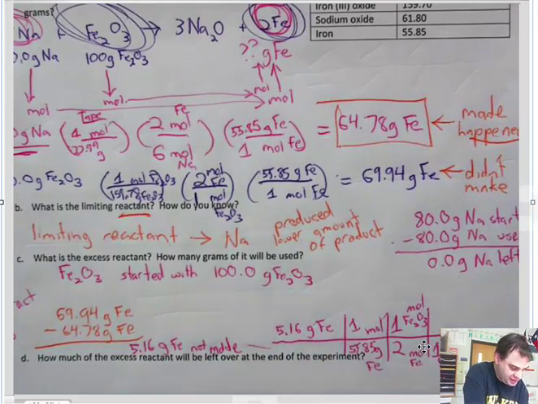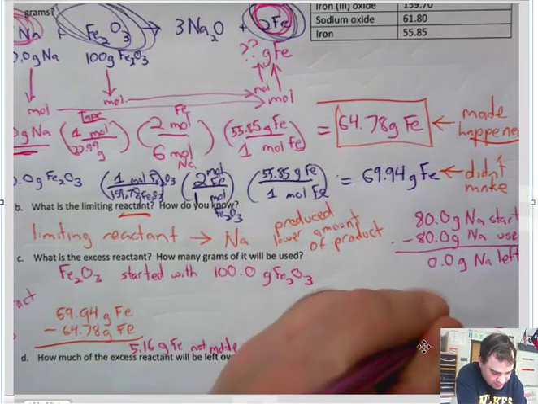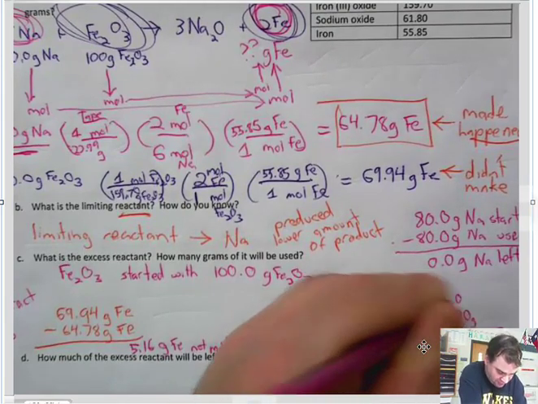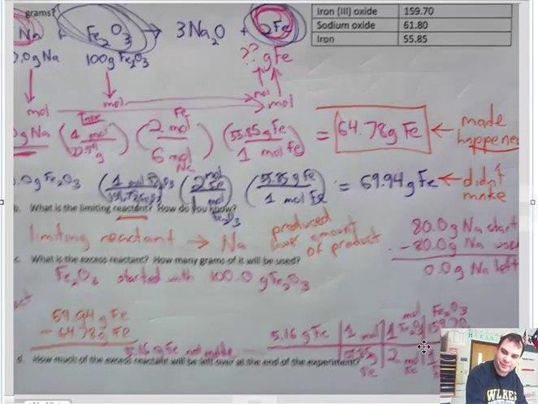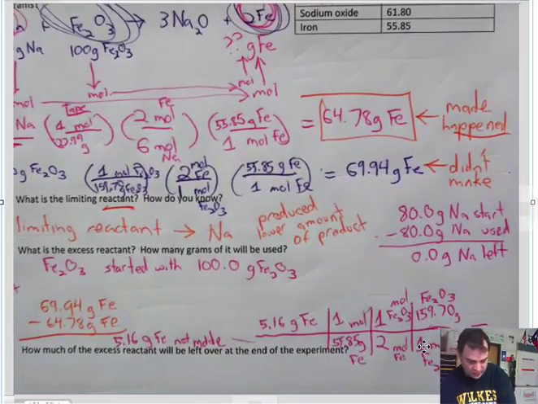Okay, and 159.70. I must be distracted by the pancakes. Fe2O3. And we get an answer: 2 times 159.70.